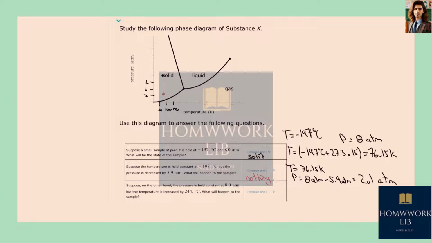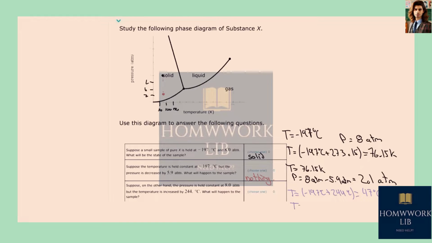Now, on the other hand, the pressure is going to be held constant. Now I'm going to define this point as purple, but the temperature is going to be increased by 244 degrees Celsius. That means that my temperature, we start at minus 197 degrees Celsius, we add 244 degrees Celsius, we end up with 47 degrees Celsius.